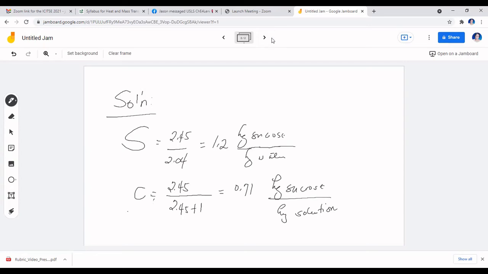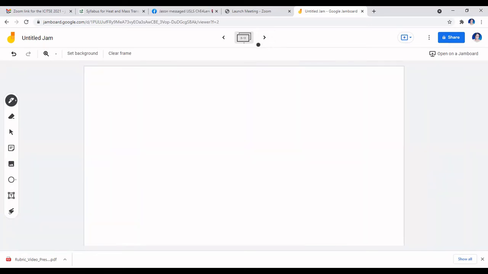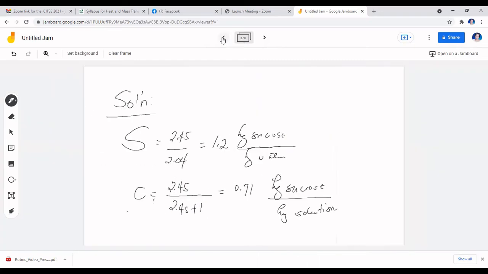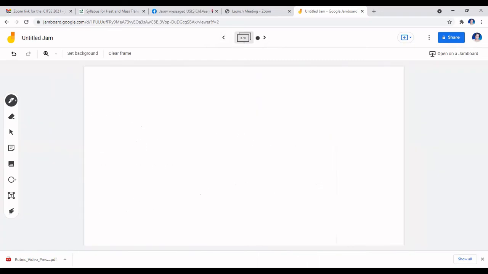You do the same with the equilibrium saturation value. So you do the same for your C asterisk. Your C asterisk would be recomputed so that the unit could be changed. So it's 2.04 over 2.04 plus 1. You'll be getting a value here, which is 0.67.